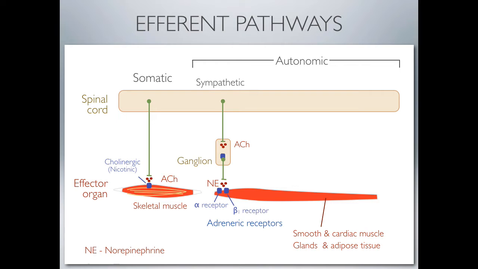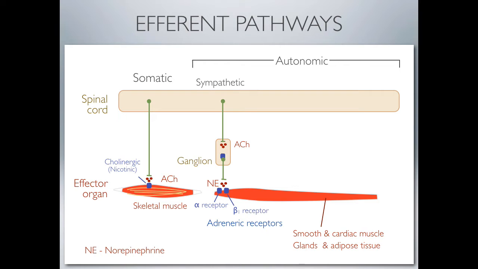So norepinephrine has to be released first, and then the alpha and beta 1 receptors activate? So at a chemical synapse along a sympathetic pathway, the receptor can have either an alpha or a beta 1.